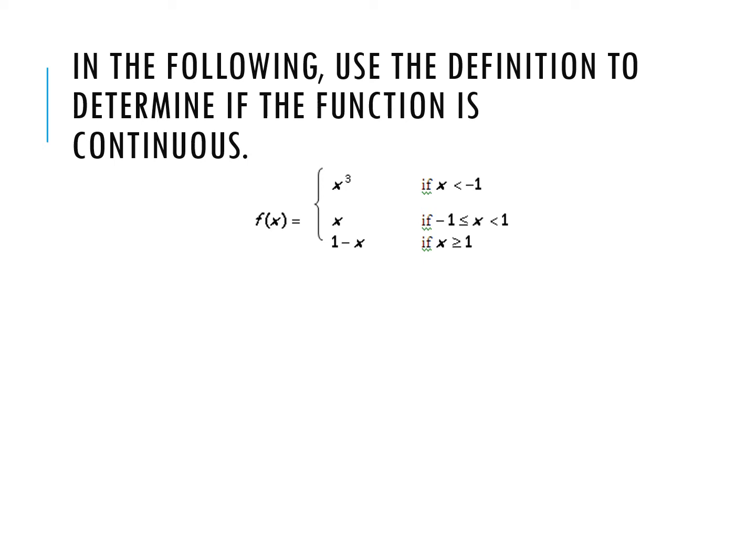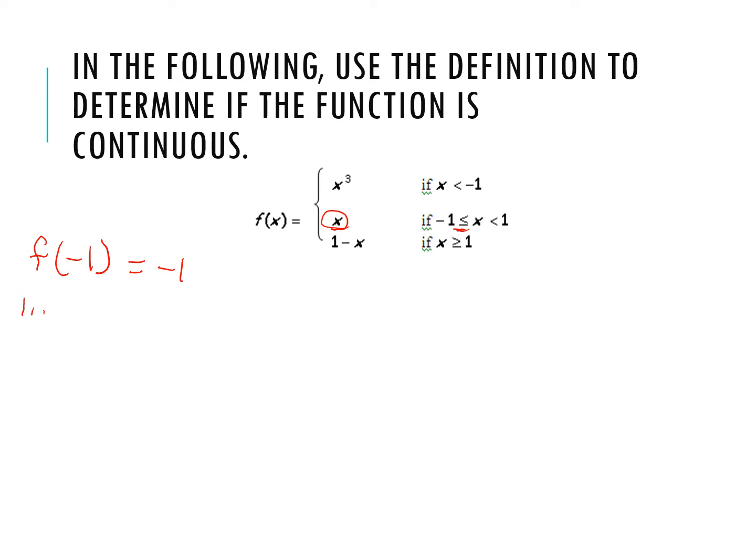So to check our endpoints, first thing we have to establish, does f of negative 1 exist? So f of negative 1, because it says less than or equal to here, I would have to use this middle function. So f of negative 1 is equal to negative 1. Now I need to see if the limit exists.